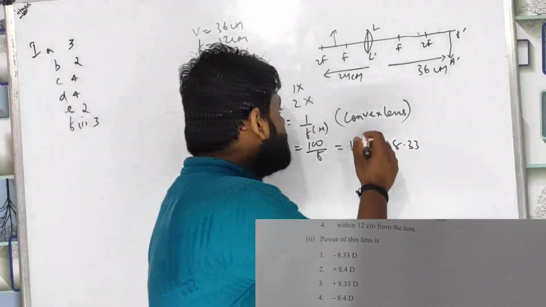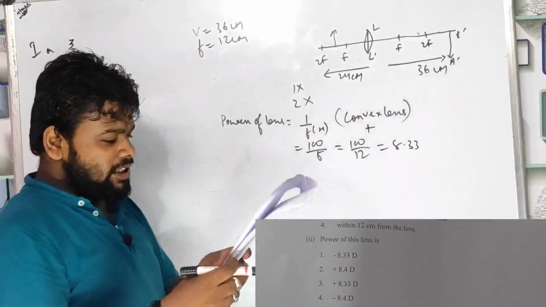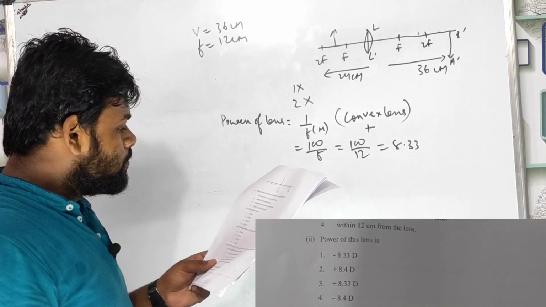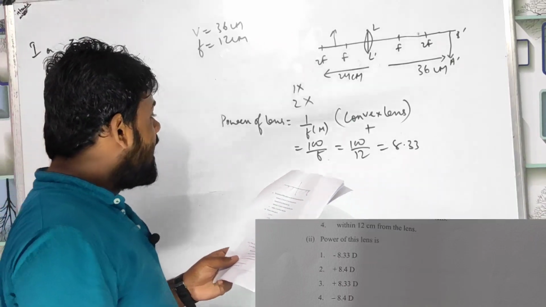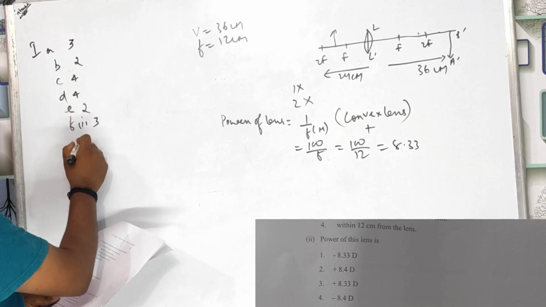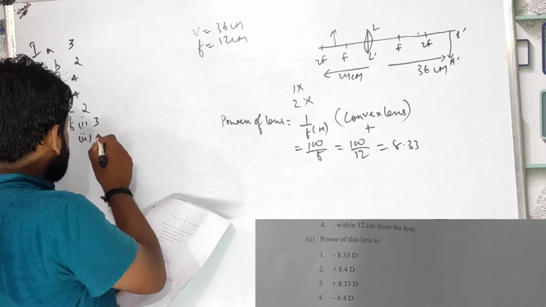What is the convex lens? Positive sign. Concave lens, negative sign. So positive 8.33. The answer will never be minus 8.33. Positive 8.33. That means the answer to bit 2 is number 3, beta.